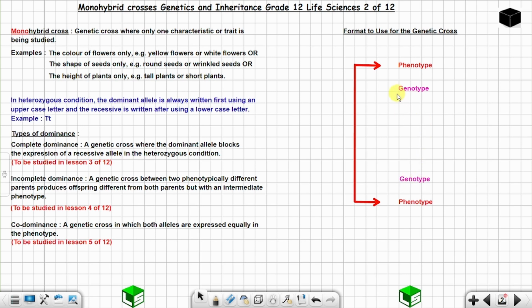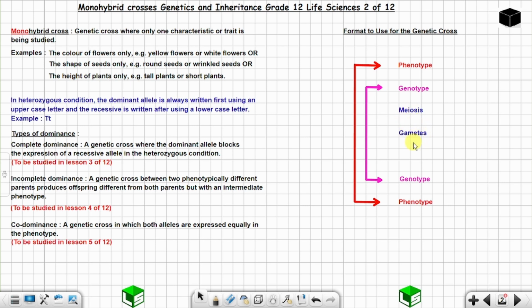In between genotypes, you have the genetic makeup going through meiosis, and through meiosis the gametes are produced.